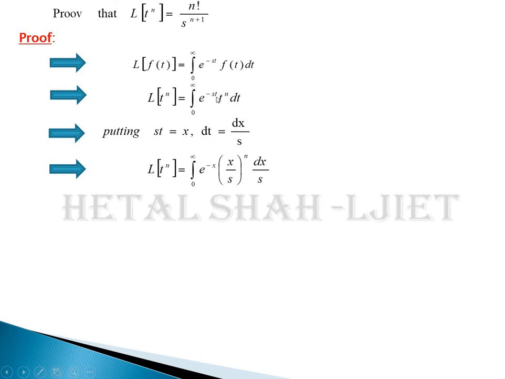So e raised to minus st, that is e raised to minus x. T is x by s, so in the place of t you have to put x by s whole raised to n, and your dt is dx by s. Now s raised to n into s, so in the denominator you have s raised to n plus 1.